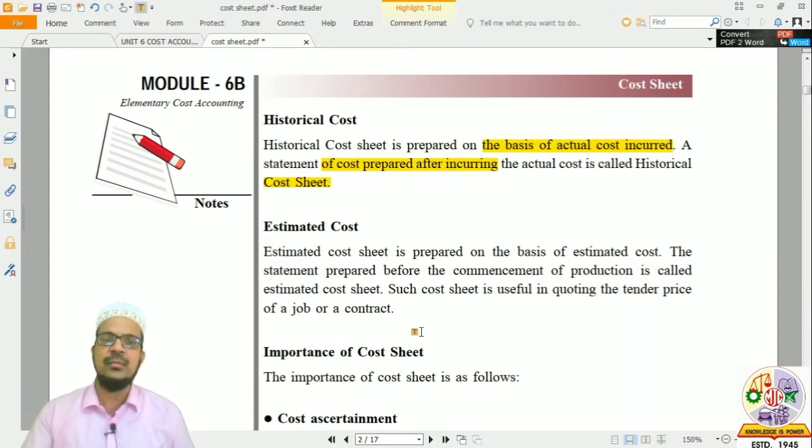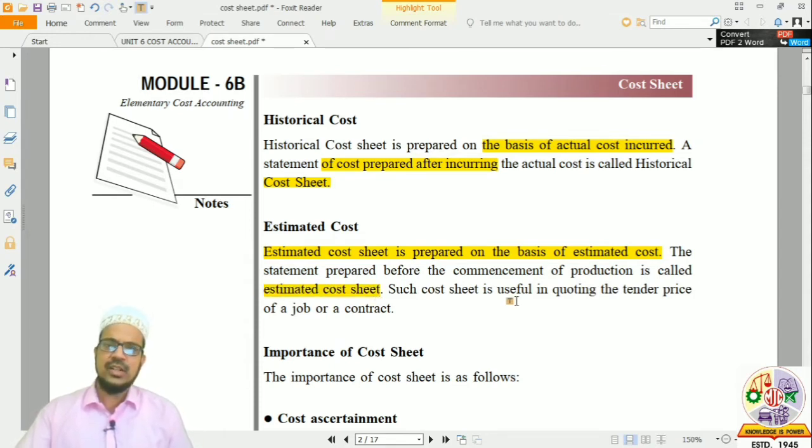You will have to give them an estimate, and based on that estimate they will give you an order. So the estimated cost sheet is prepared on the basis of estimated cost. Here the actual production has not yet started. You are just estimating the various expenses which will be incurred based on past experience. Such cost sheets are known as estimated cost sheets.